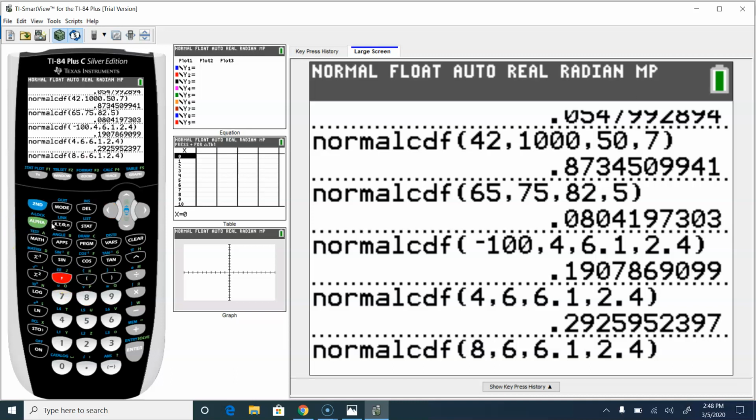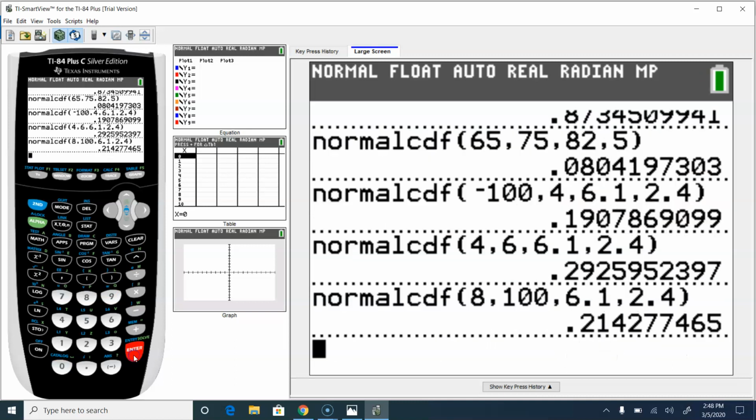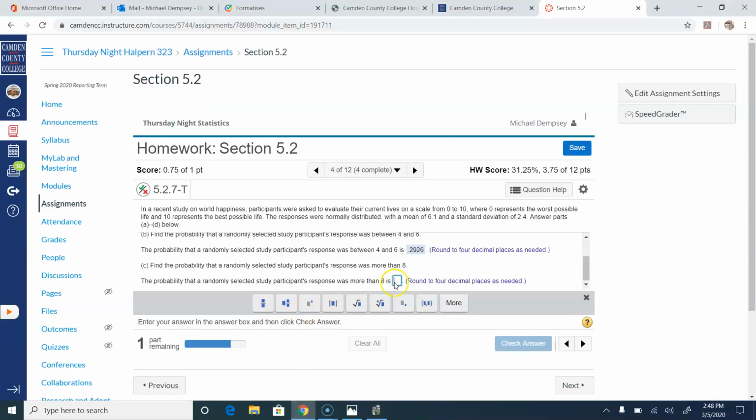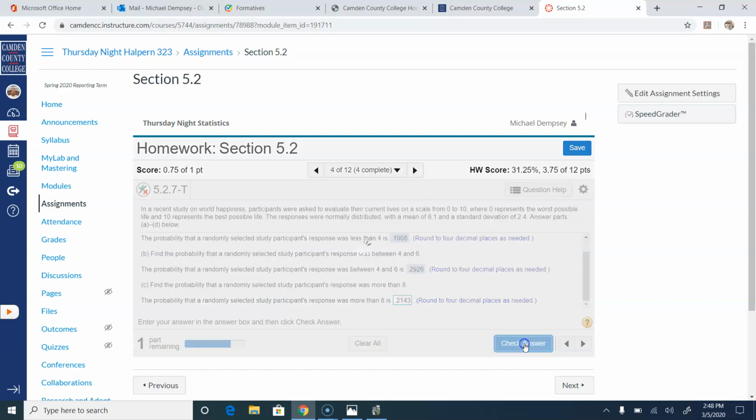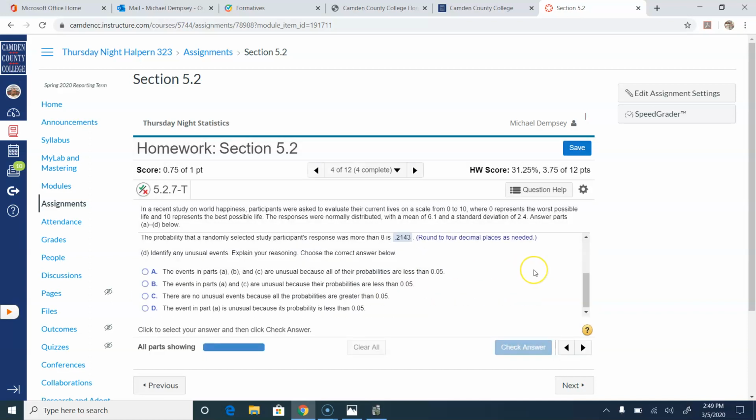So 8, comma, I'm going to insert some spots here. 8 to 100, let's say. Okay, and we still got the comma in there. 0.2143. Watch your rounding on these. Follow the directions on the rounding. 4 decimal places for that one.